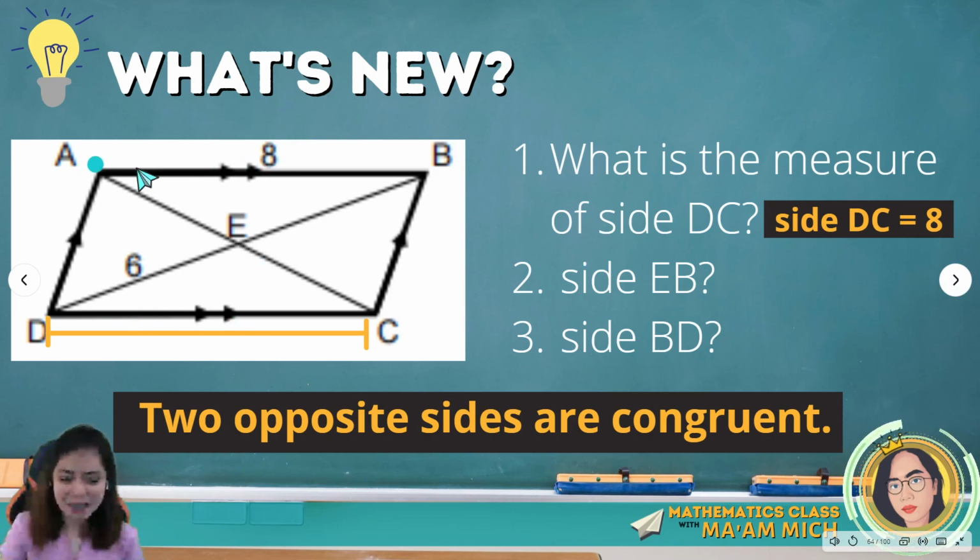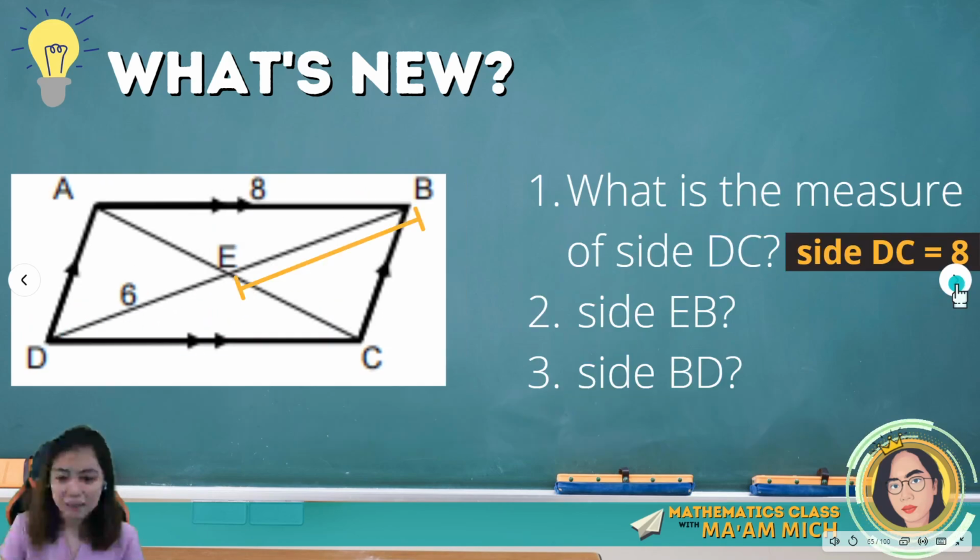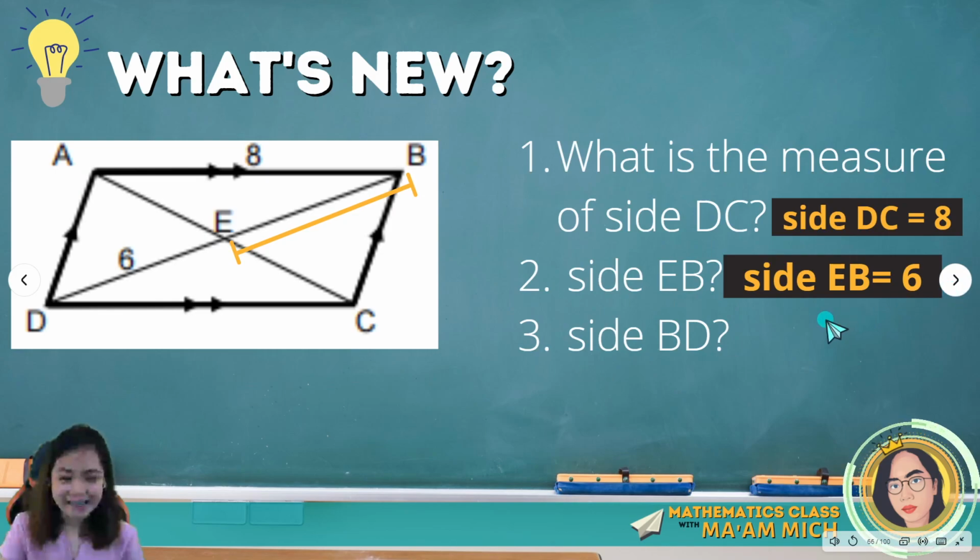So we have side AB and side BC. Let's proceed with number 2. How about side EB? Okay, side EB is also equal to 6 units because segment DE is equal to 6 units.